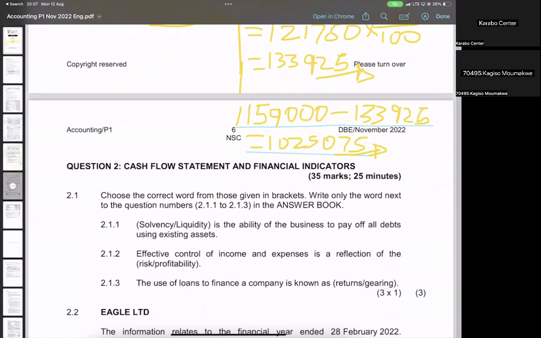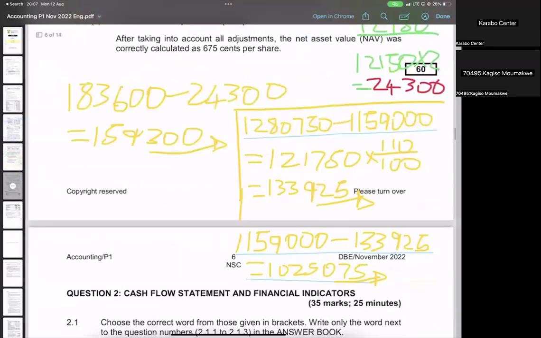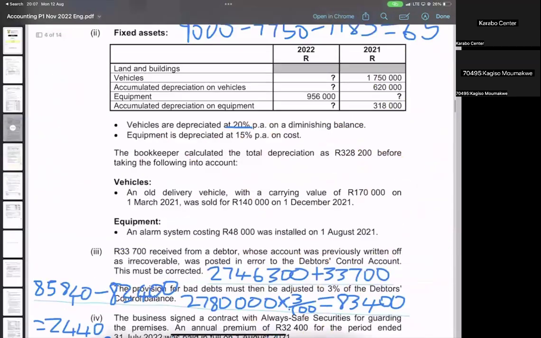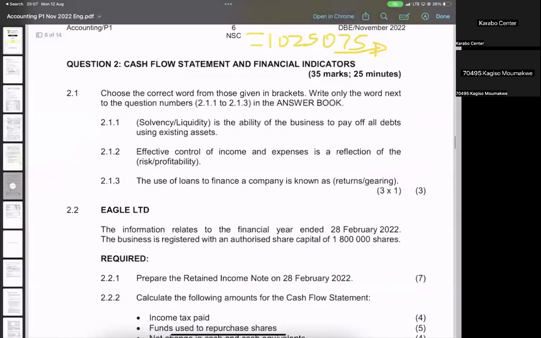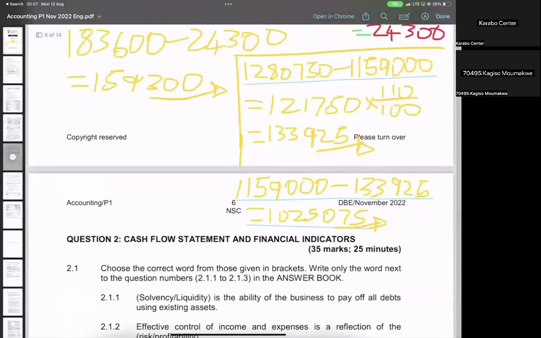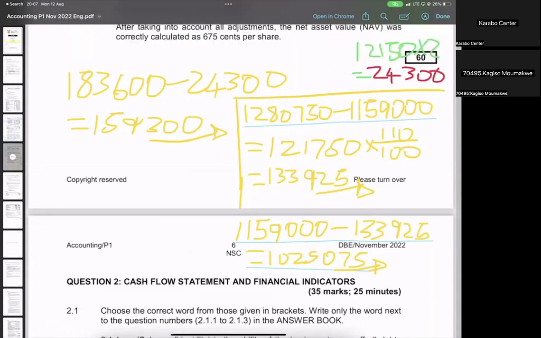So this is how you would record it on the equity and liability section of your balance sheet. Under non-current liabilities, mortgage loan, you'd say 1,159,000 minus 133,925, which is equal to 1,025,075. So for your current portion, this is how you would do it. You say at the beginning of the year, we owed the bank 1,280,750.